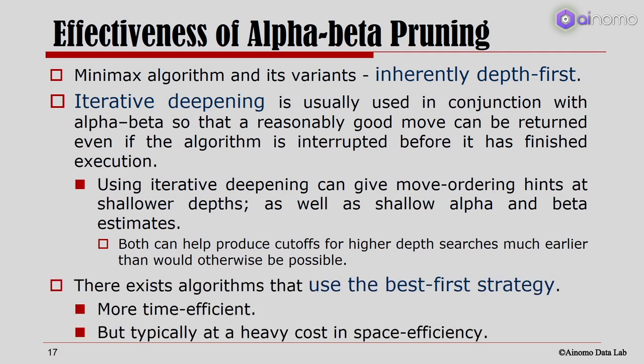There are other algorithms that use the best first strategy for Minimax with alpha beta. Now, these are more time efficient, but typically there is a heavy cost in terms of space requirement. These we have not covered in our game playing algorithms and leave them as an exercise to be taken up during the course of our study.